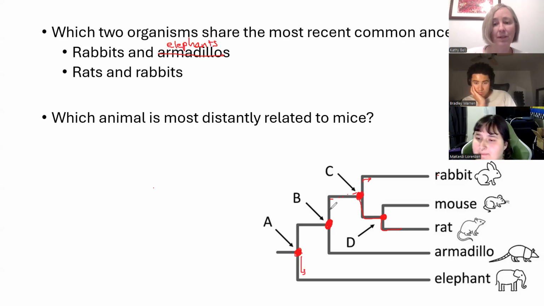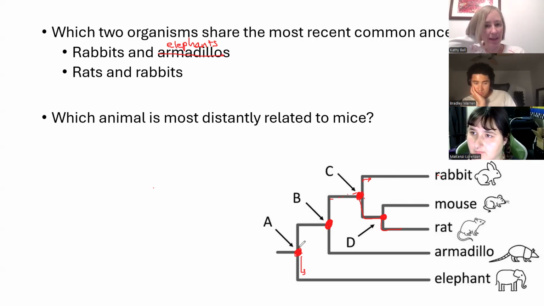So they're going to be more distantly related than the rat and the rabbit, because there's only two common ancestors here between the rat and the rabbit. So the rats and the rabbits are more closely related than the rabbit and the elephant, because there's 3 common ancestors there.